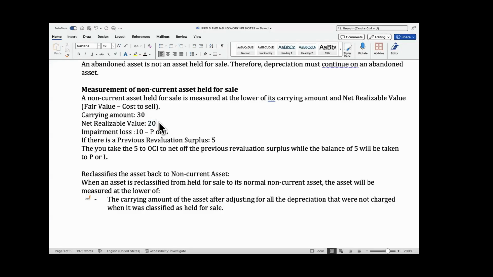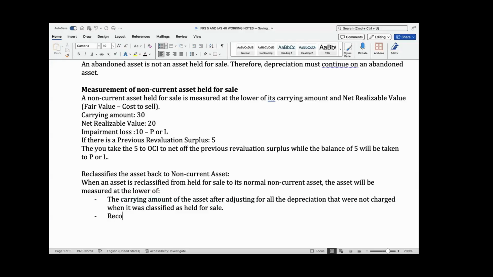You will now deduct the depreciation you did not charge. Remember, when you classify an asset as held for sale, you will not charge depreciation. So all the depreciation you did not charge, you deduct from the asset. Whatever value you have is the carrying amount of the asset after adjusting for all the depreciation that were not charged when it was classified as held for sale.